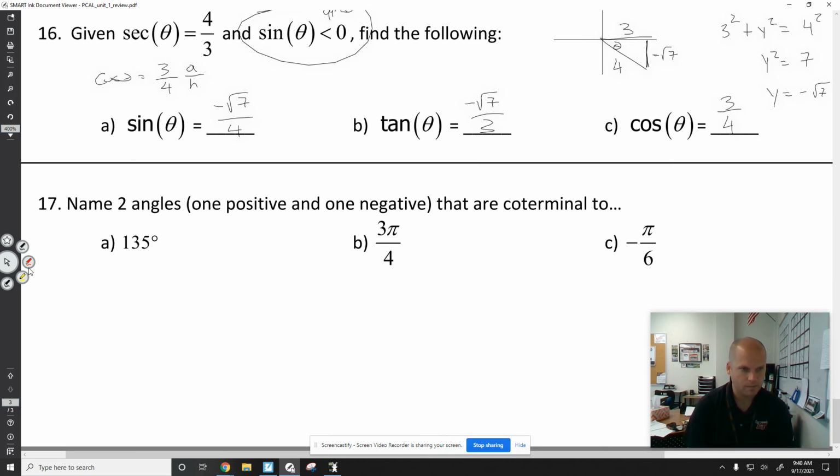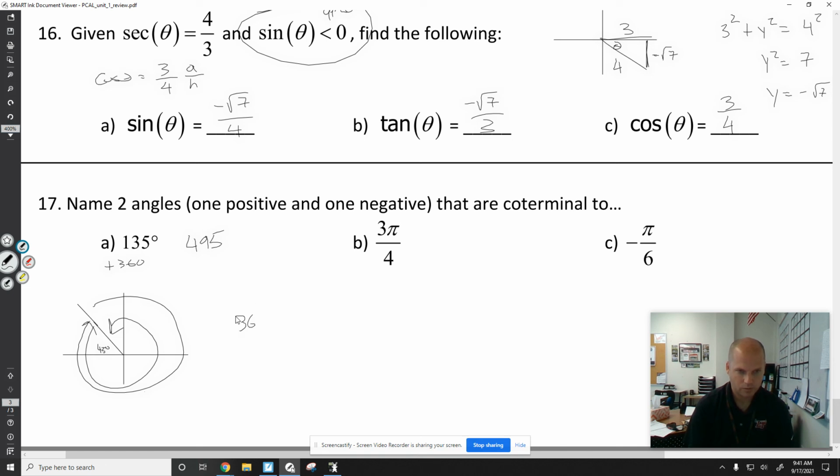Coterminal angles, sweet. How do we get to coterminal angles? Well, 135, which is 45 degrees away from 180, right here. What's another angle that ends up right here? Add 360 degrees or subtract 360 degrees. You can do it with a calculator, without a calculator. We get 495 as a coterminal angle.